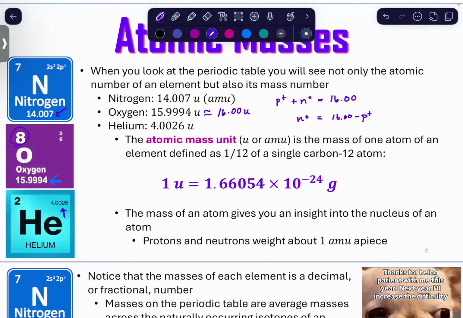Oxygen's number of protons is 8 from its atomic number. And so the oxygen atom should have about 8 neutrons in its nucleus. There will be different isotopes, but still, the mass number on the periodic table can give you an insight into the nucleus of these various elements.